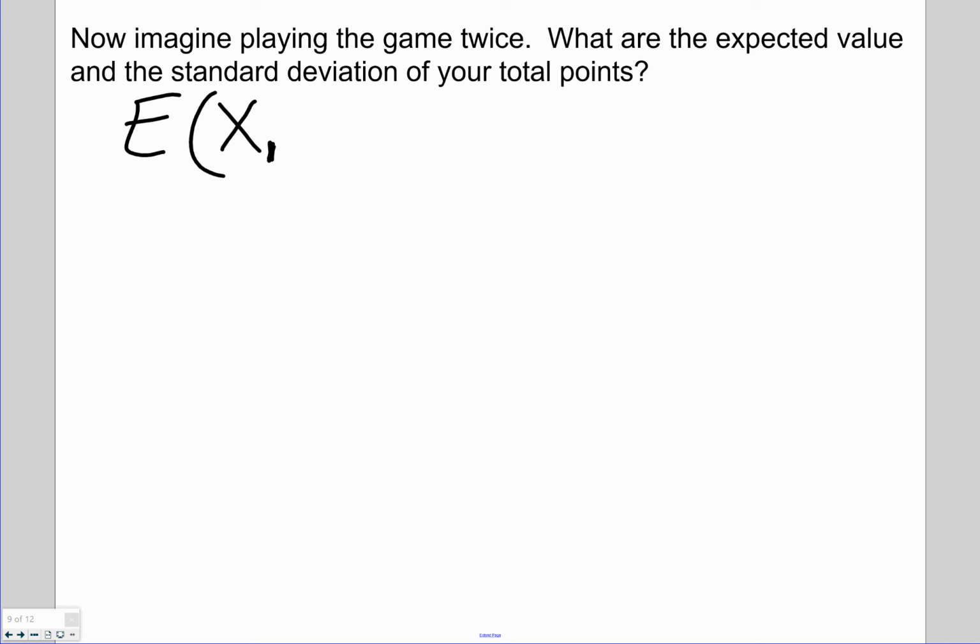That's the first time I play it. And what happens when I play it again? What am I going to do to my points? I'm going to add them. So what's the expected value when I play it the first time? What's the expected value when I play it the second time? Also 10. So when I add them together, I get 20. Amazing.